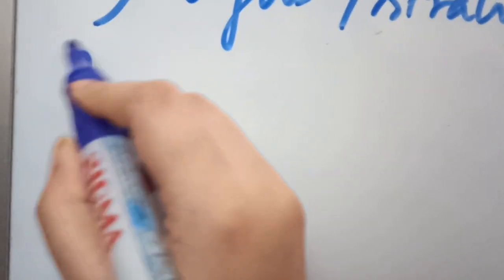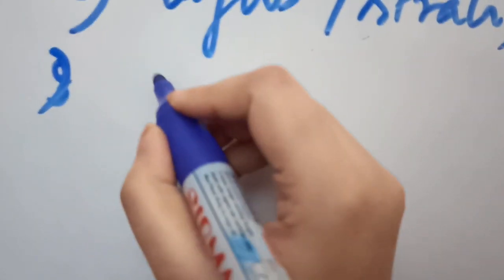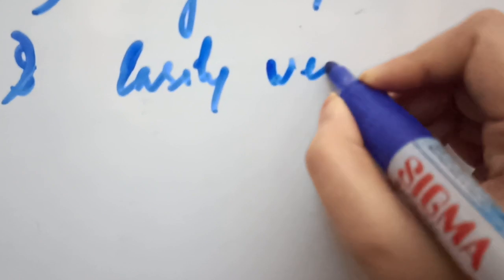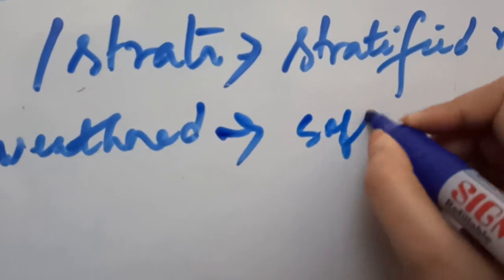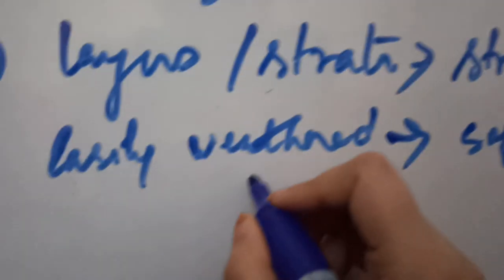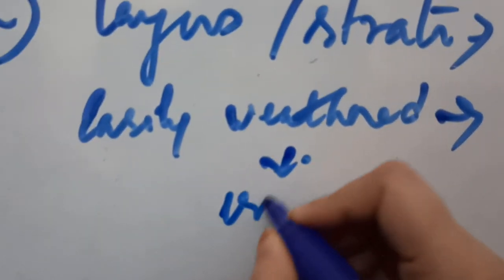Next one is that these rocks are easily weathered away because they are softer in nature. Weathered away means they can easily get eroded.